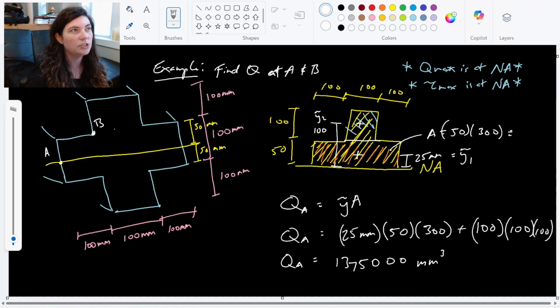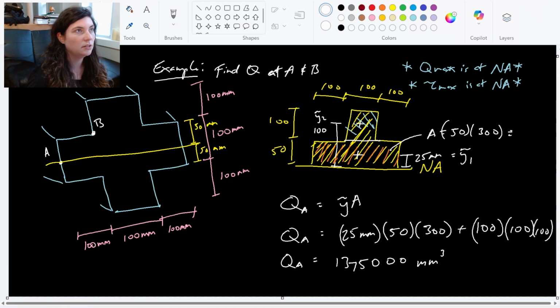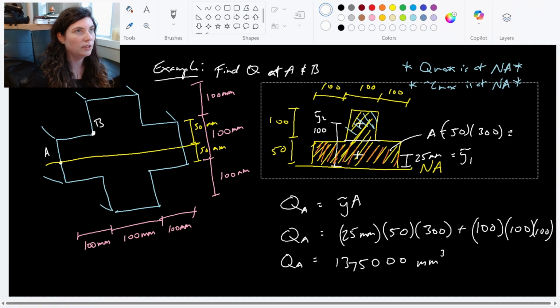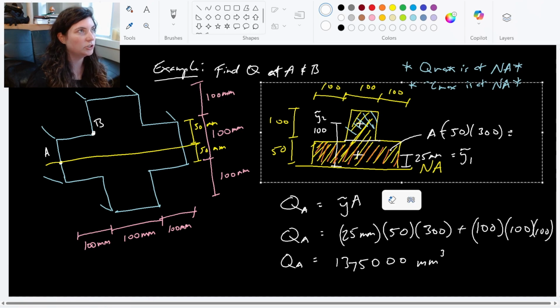But what about our shear stress at point B here? Point B is right at this transition where we're going from the wider portion of the cross to just the upper portion of the cross. So if I wanted to draw that one, I'm going to remove this and draw a fresh picture in here.